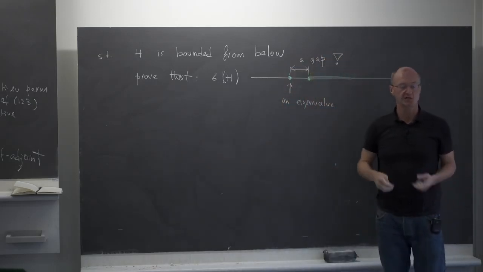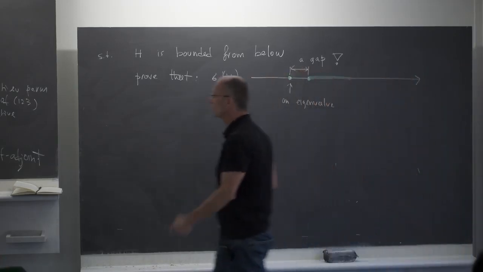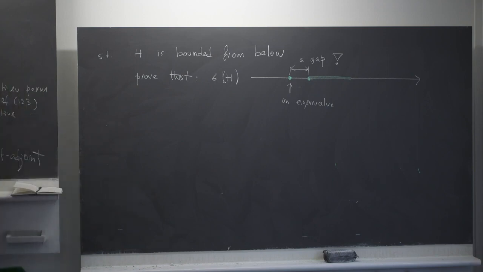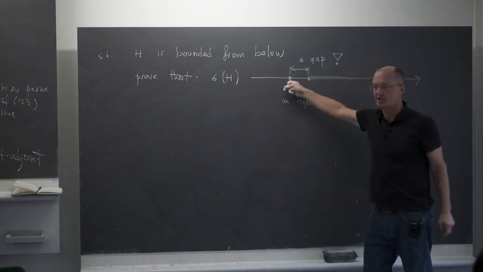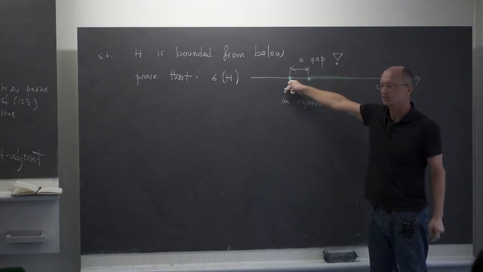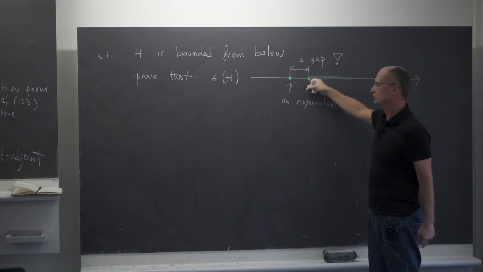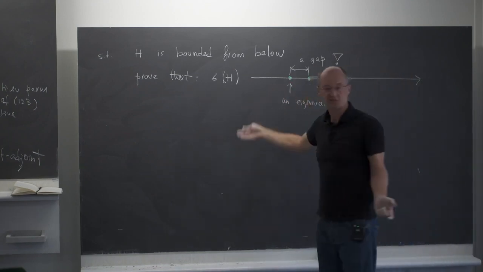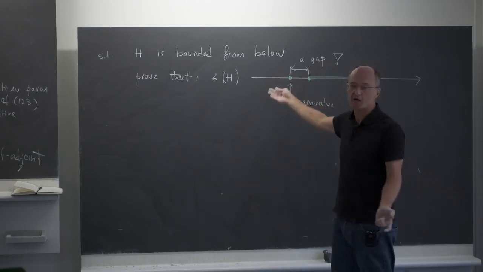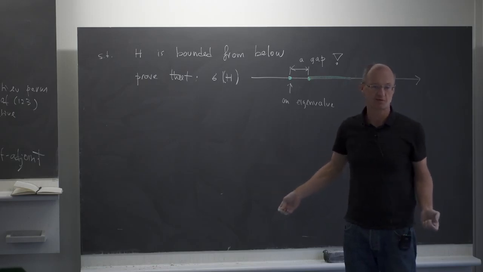So that's at least what is expected. So the conjecture is that if you properly define the Hamiltonian for this problem, then it will be self-adjoint on some Hilbert space. It will have a ground state which is an eigenvalue, and then there will be a gap. There will be nothing till the next point of the spectrum, which is probably a point of continuous spectrum. So it sounds very concrete. It sounds very much in the framework of our course. So you can take it as a homework, right?